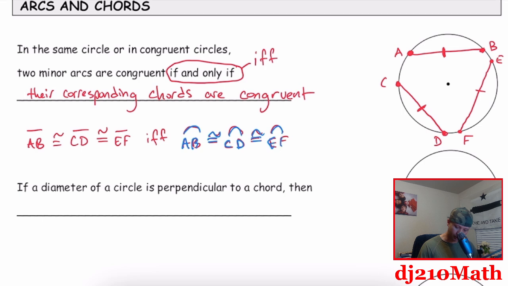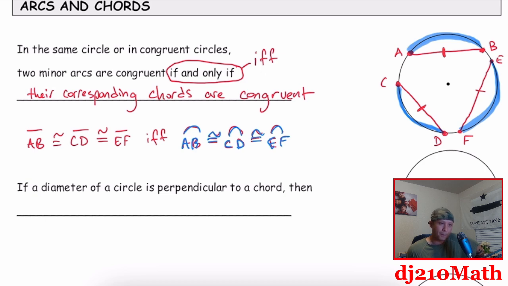I feel like color coding is better. So AB, CD, EF. As long as the chords are congruent, then the arcs will be congruent. That's the big takeaway there.